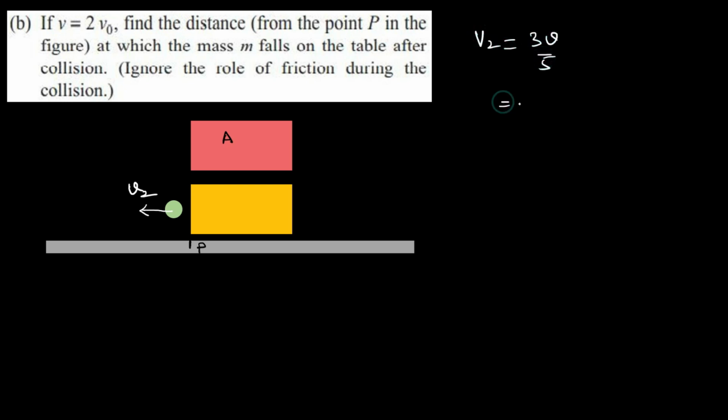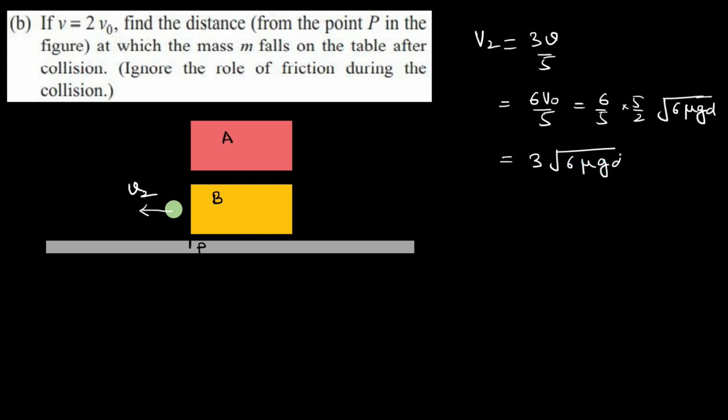And V is twice V0, so that will be 6V0 by 5, and this V0 we just calculated as 5 by 2 square root of 6 mu g d. So V2 is equal to 3 into square root of 6 mu g d.